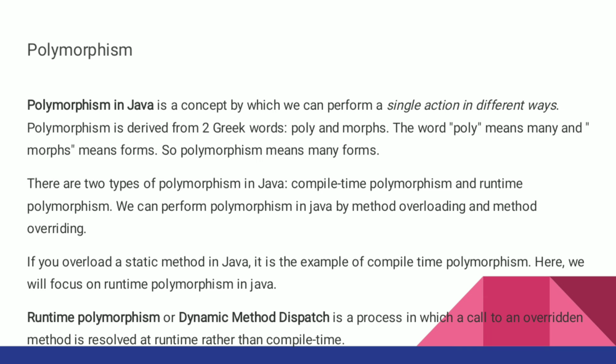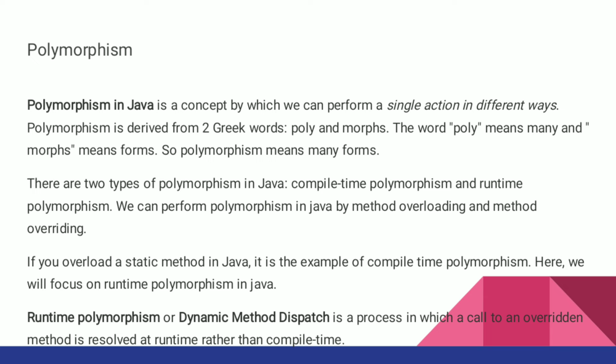Next is polymorphism. Polymorphism in Java is a concept by which we can perform a single action in different ways. Polymorphism is derived from two Greek words, poly and morphs. The word poly means many and morph means form.